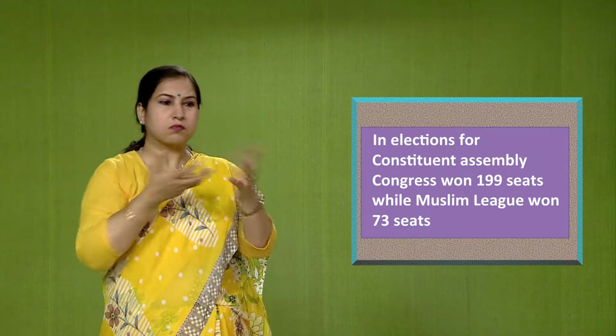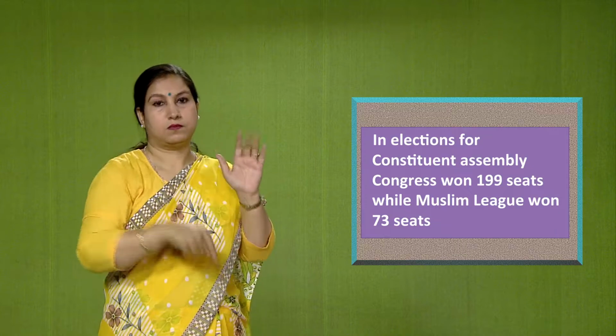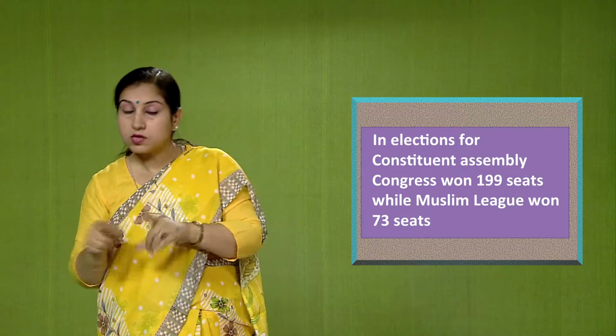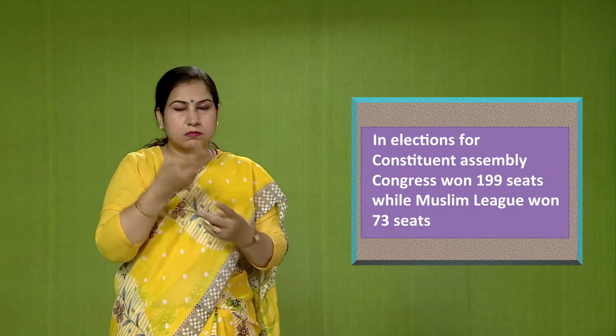During this time, the differences arose between Congress and Muslim League. As a result, the League rejected the cabinet mission plan. In September 1946, Congress formed government at the center, while the Muslim League refused to participate in it.